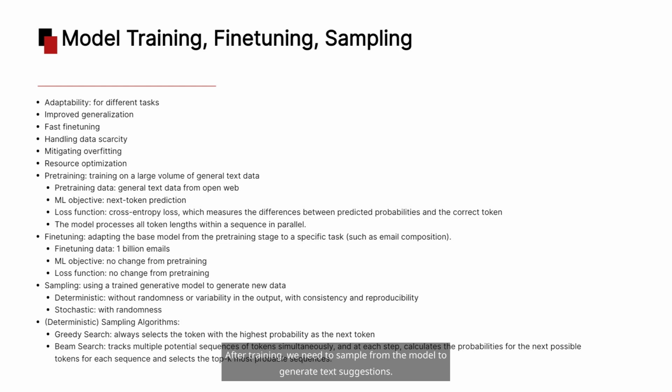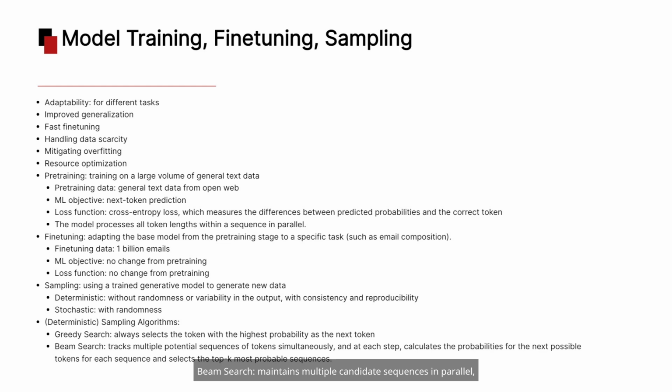After training, we need to sample from the model to generate text suggestions. Sampling can be deterministic, producing the same output every time for the same input, or stochastic, which adds variability and creativity. For deterministic generation, two common algorithms are greedy search, which always picks the most probable next token, ensuring consistency but sometimes producing overly safe or repetitive text.